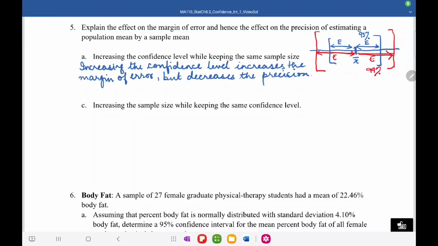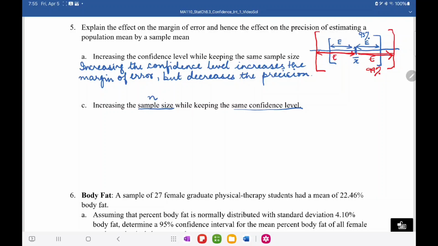Now, the second part of the question says, increasing the sample size while keeping the same confidence level. What impact would it have on the margin of error and the precision of our estimation? Now, when we increase the sample size, n, and use the same confidence level, it's going to decrease the margin of error.